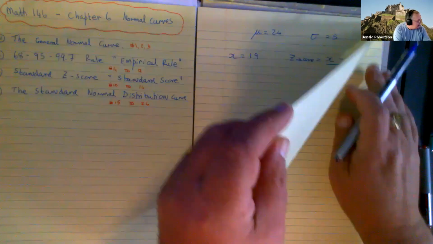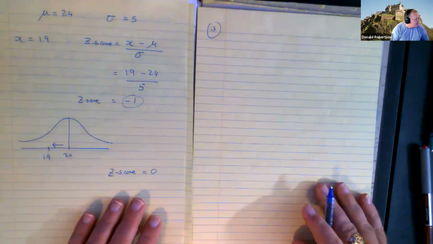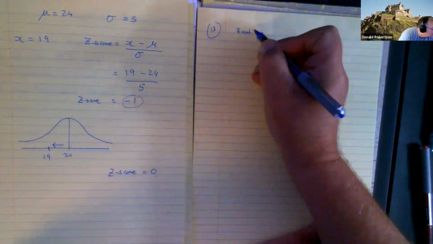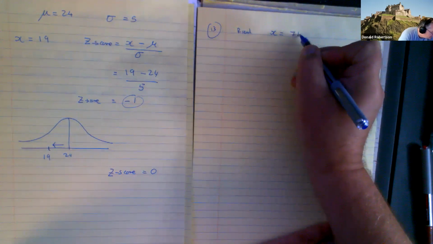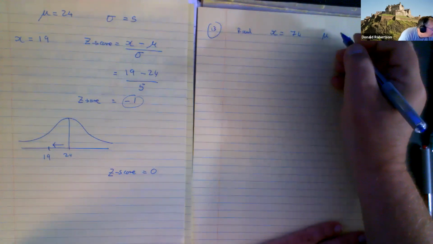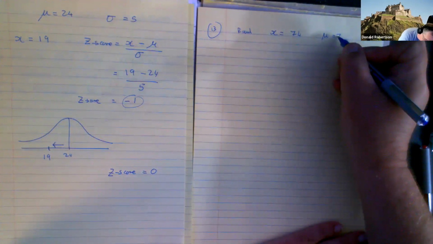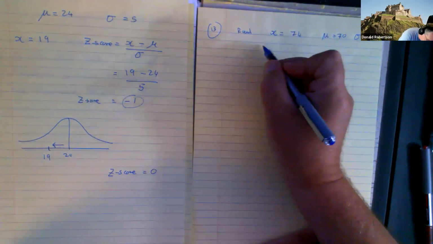Now, in the next question, they are doing a comparison. So they got a guy called Raoul, and he got a score of 74. And the mean of his history exam, it was a history exam, was 70. And the standard deviation was 3. And that was in his history.